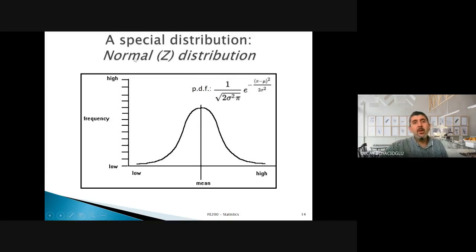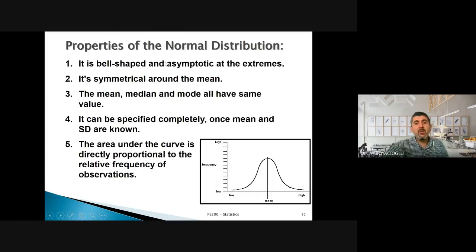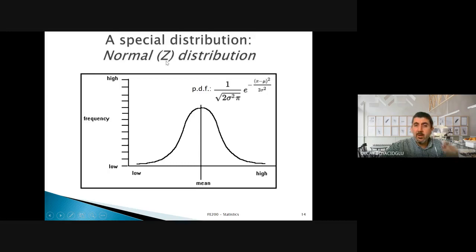Okay, normal distribution is also called by the letter Z, guys. So when you see or hear something about Z distribution, always remember that this is a normal distribution. And normal distribution, if you notice, has equal tails around the mean. The mean would be the middle point.